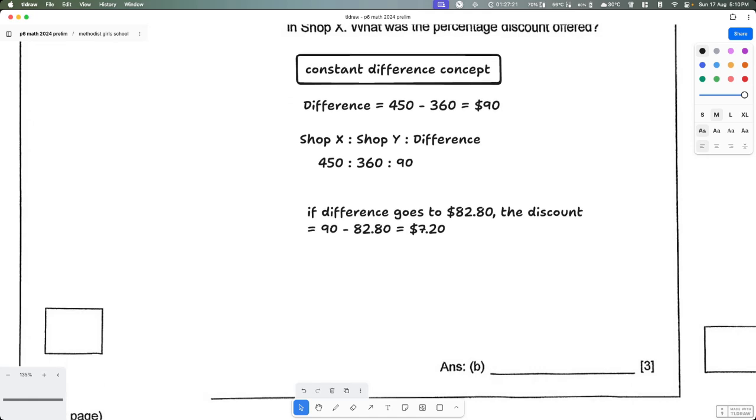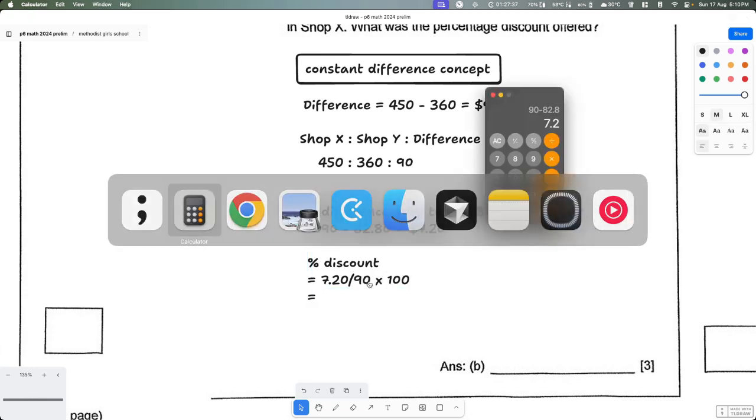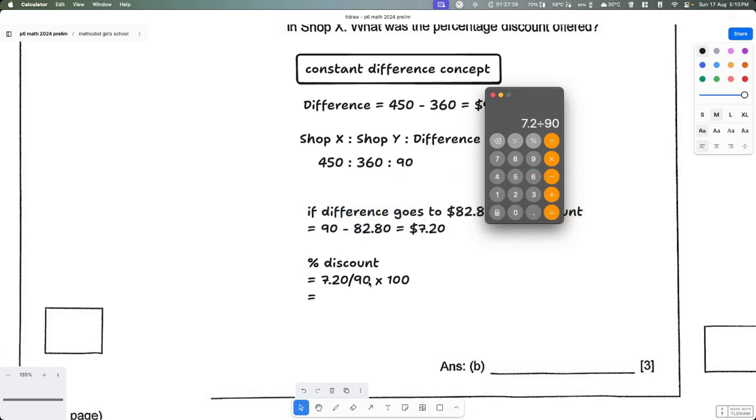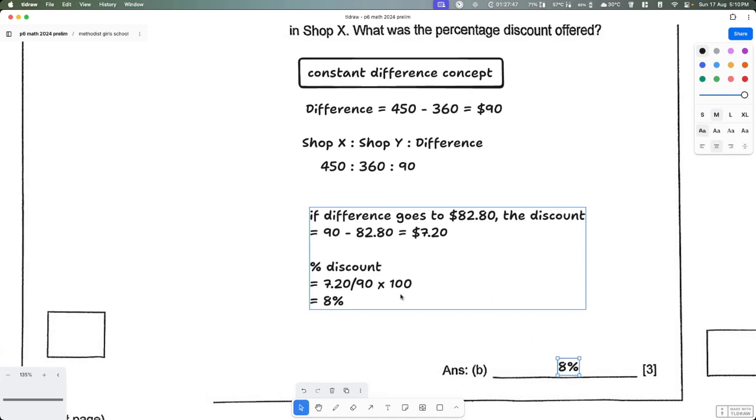Okay, so what's the percentage? The percentage discount is equal to 7.20 out of the difference 90, times 100. Divided by 90 times 100, this will give you 8% discount. There you go, so the answer is 8%.